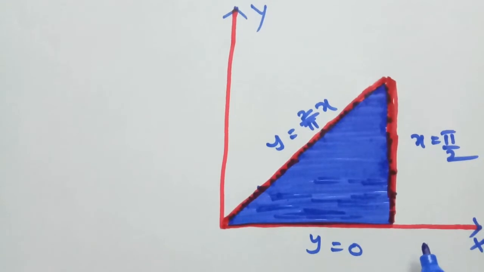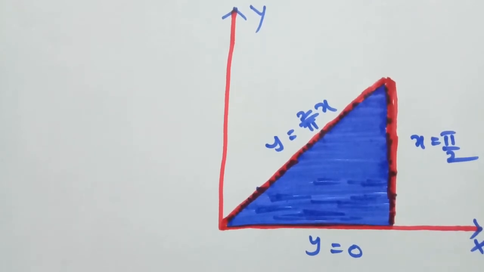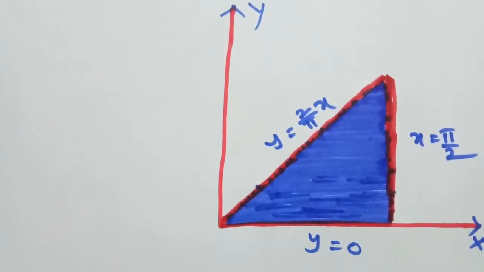This is the region of integration bounded by the lines y equal to 0, x equal to pi by 2, y equal to 2 by pi x.